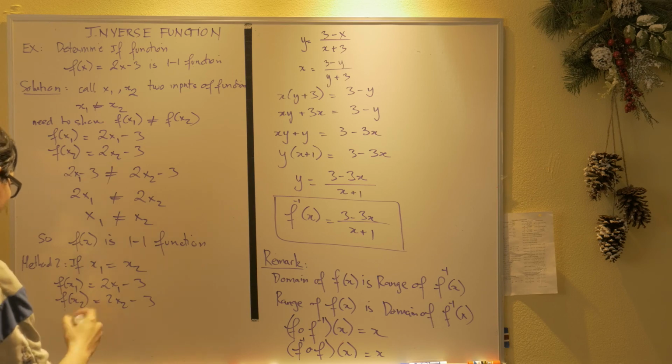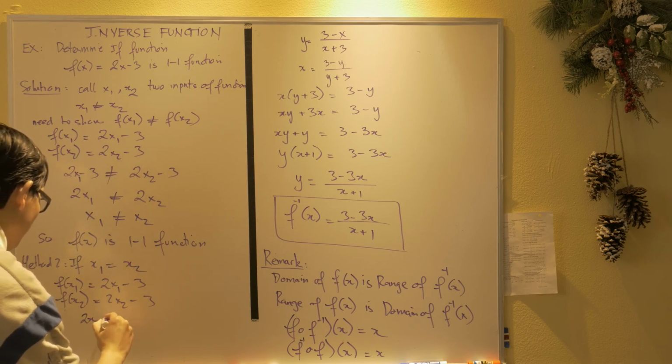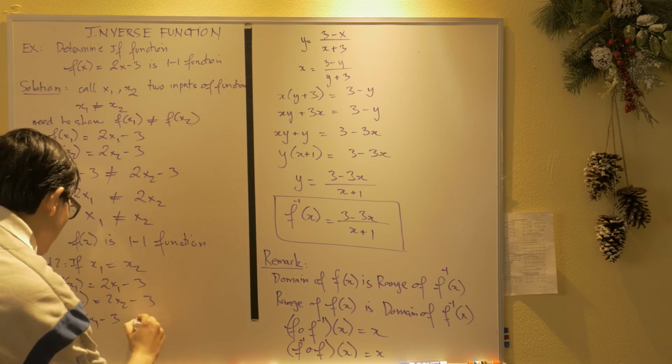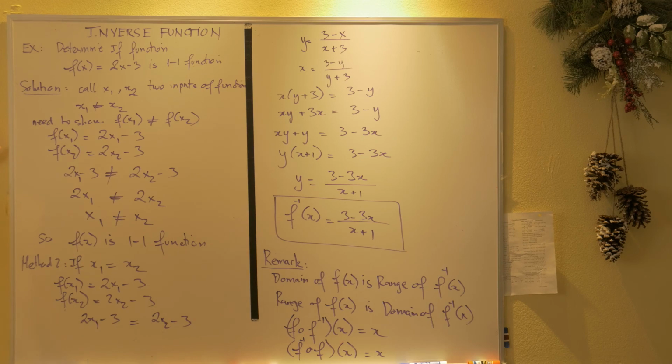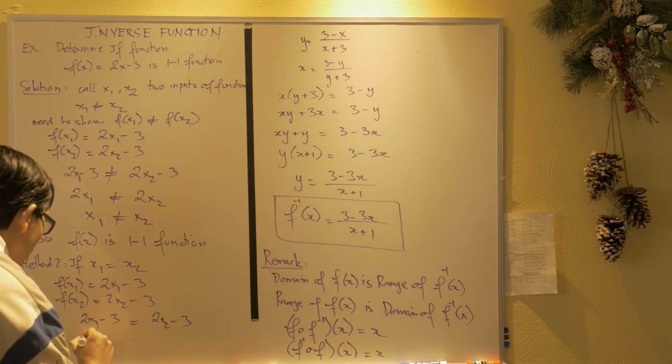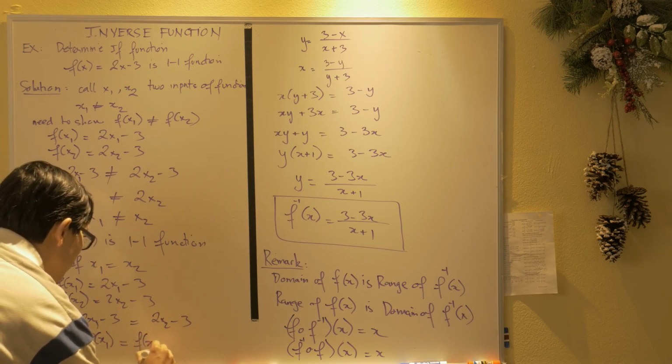So 2x1 minus 3 is also equal to 2x2 minus 3, because x1 equals x2. So 2x1 equals 2x2, and that's why 2x1 minus 3 also equals 2x2 minus 3, and that's why f(x1) equals f(x2).